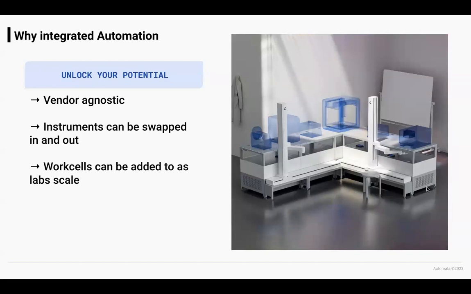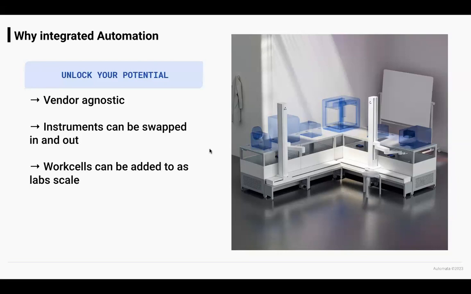And then unlock your potential. The way I take that is just being able to do more science, right? And some of the ways that our platform allows that is that everything's vendor agnostic. We don't say, oh, we'd rather you use this vendor.